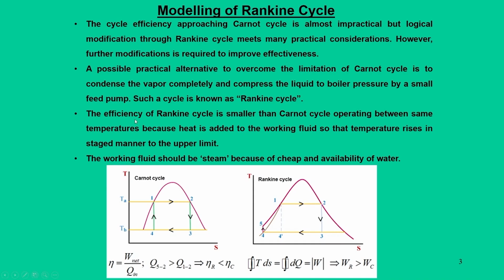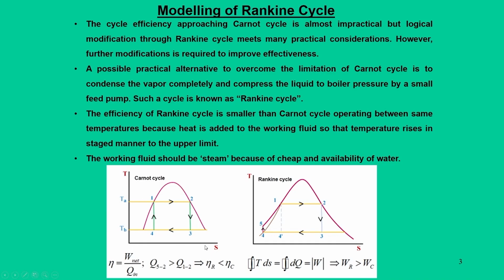But at the cost of these modifications, the net effect is that the efficiency of the Rankine cycle will be smaller than the Carnot cycle. So, let us understand why it is smaller than the Carnot cycle.